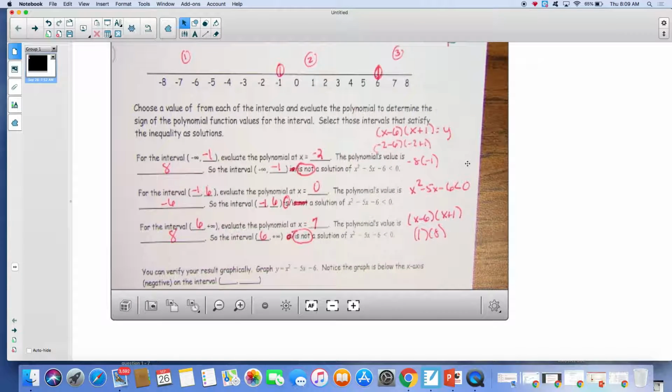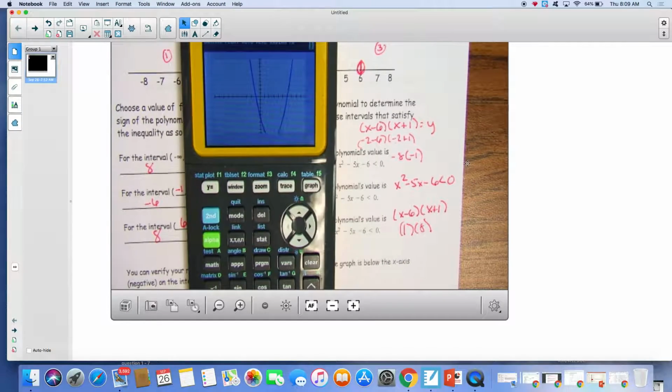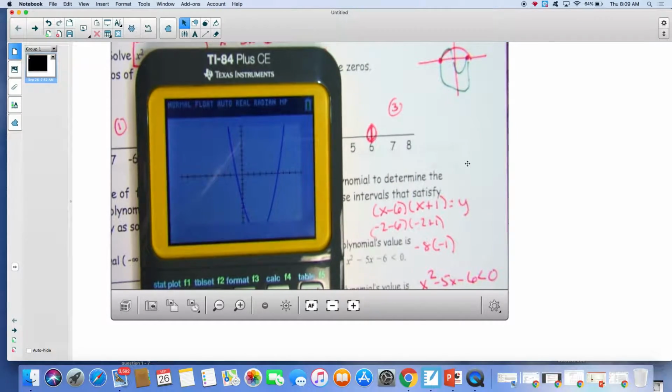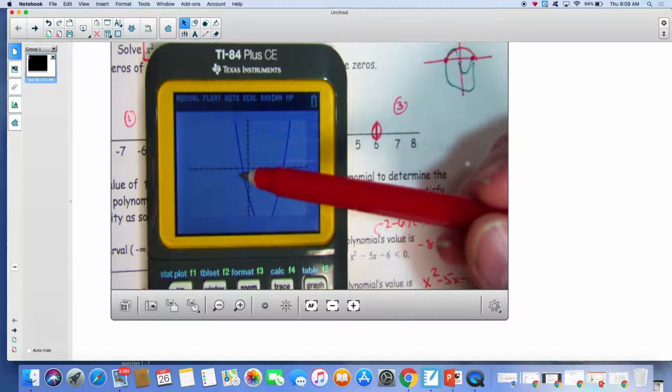You can verify your results graphically. If I graph it, can you see where the graph falls?